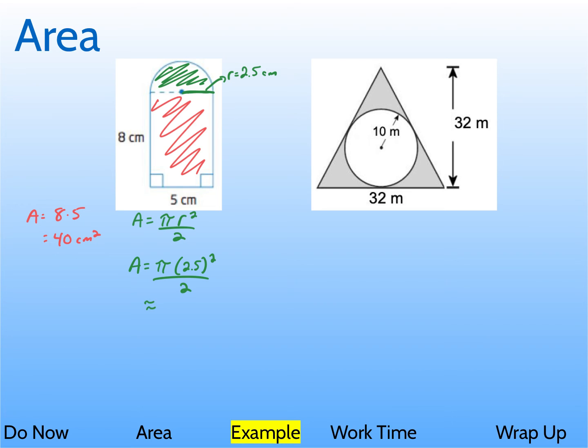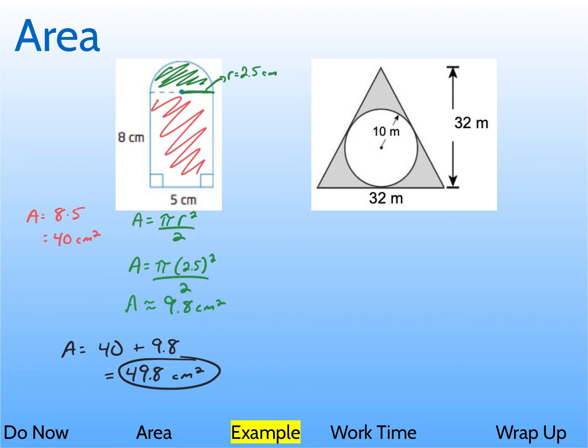I'm going to do all of this in the calculator and then round it. And it's about 9.8 square centimeters. So then finally, what you need to do for the big area is add the 40 that we had from the rectangle plus the 9.8 from the semicircle, and we get 49.8 square centimeters.